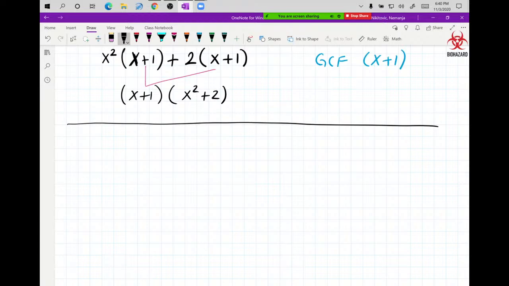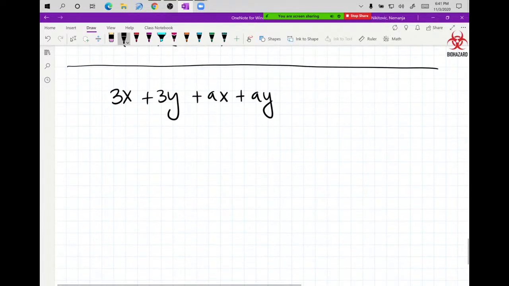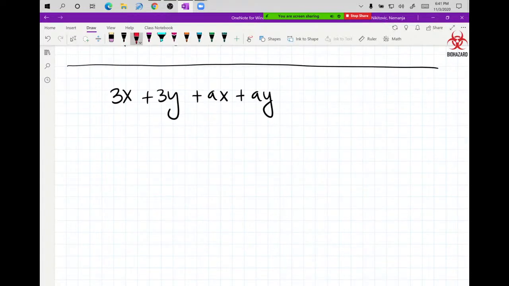Now let's take a look at some of the problems from the book. So 3x plus 3y plus ax plus ay. When you group the first two and you group the second two, let's see what you get.